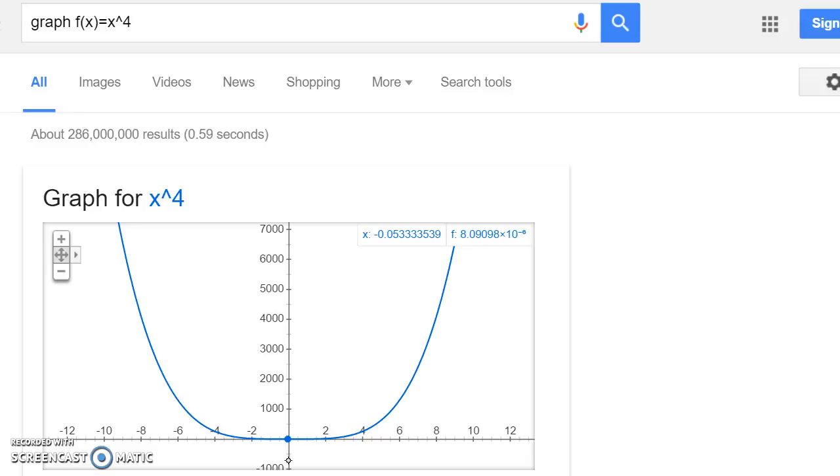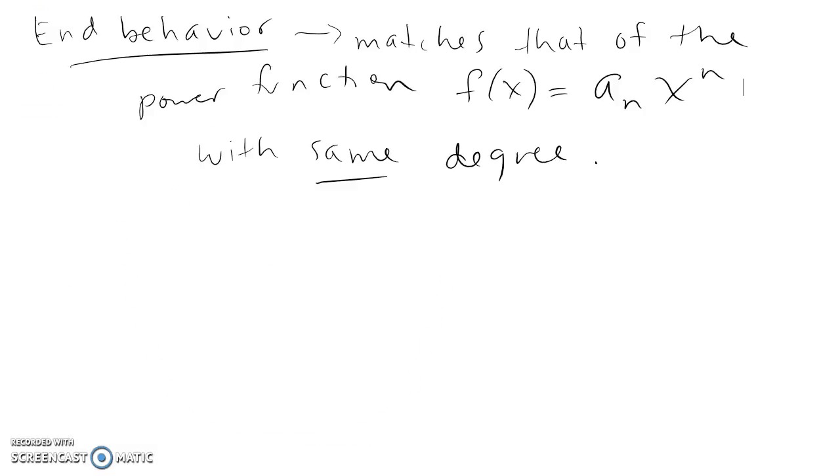It turns out that all polynomial functions have at the most n minus 1 turning points. So that's something to keep in mind as you're graphing polynomial functions, as a check.